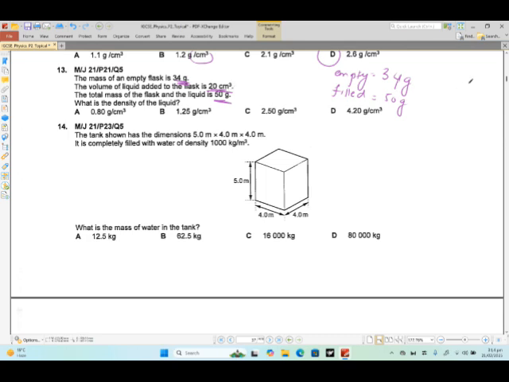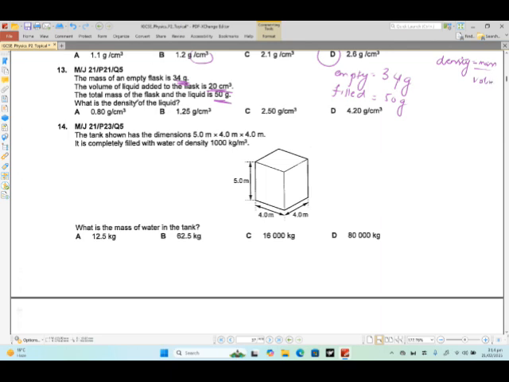So we need to find the mass and volume of the liquid to find the density of the liquid.